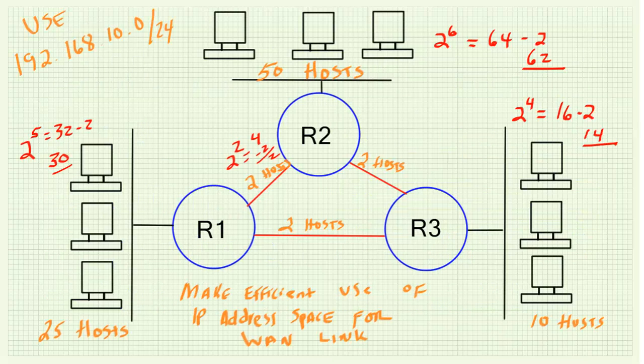Let's take a moment to refer back to this diagram that we developed in our prior presentation. This is a network topology that we've been working with throughout this series of videos, and we've developed it to the point that we talked about how many hosts are required at each of the 3 local area networks that make up the topology. We were also reminded that each of the WAN links that connect our locations together are also networks, and we need to consider those when we create our IP addressing plan.